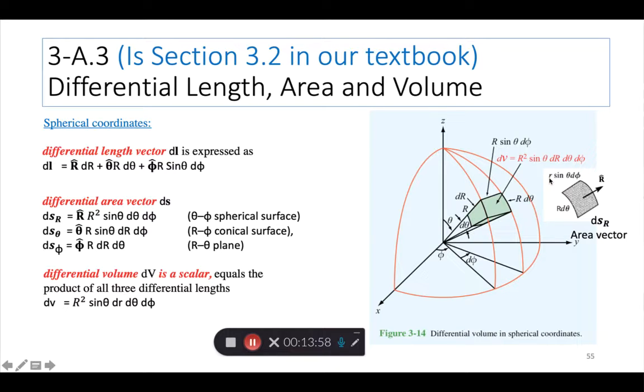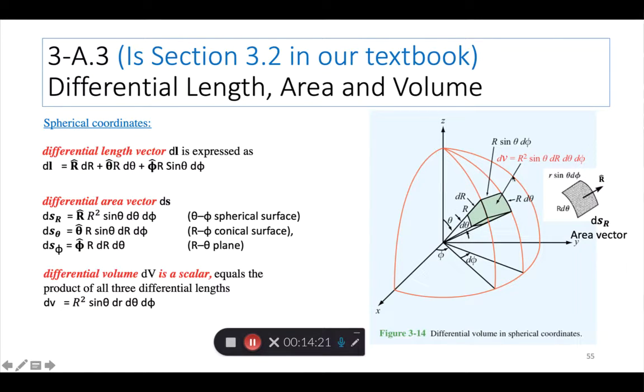I'll do that later. So think of this as a capital R. So r sine theta d phi times r d theta gives you this r square sine theta d theta d phi, and that's how you get dS_r. Okay, so hope you understood how this is derived.